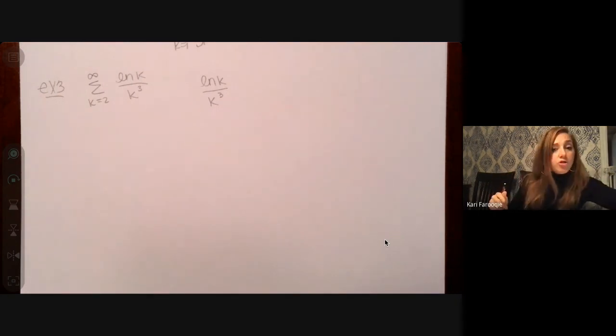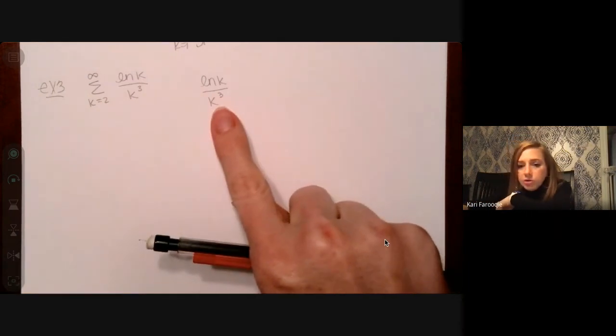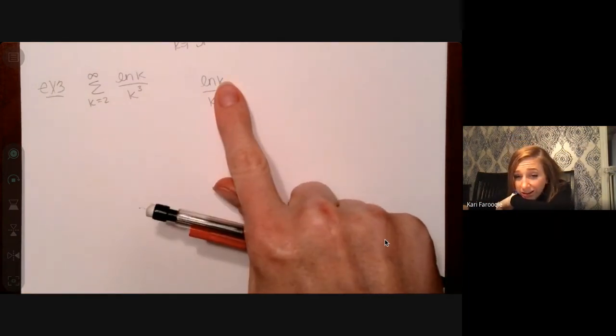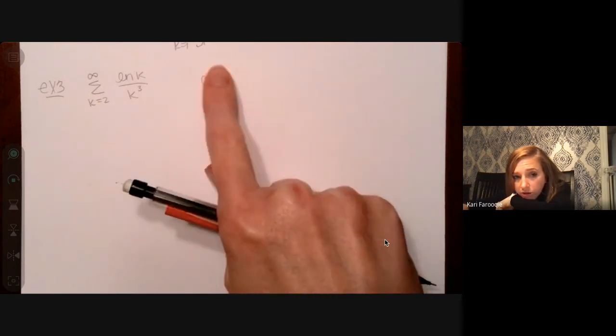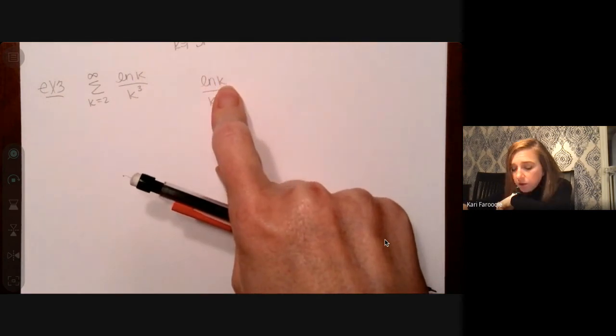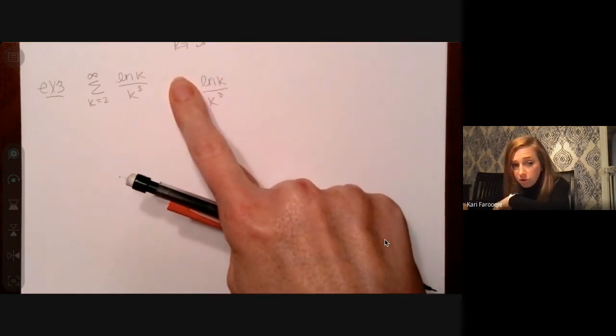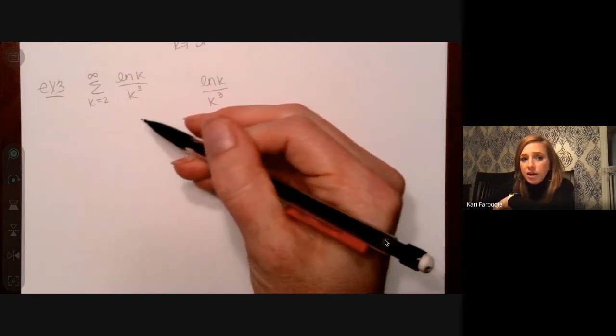And if you're not sure, think about the fact that your denominator is k cubed and the numerator is ln k. I want you to start getting into the habit of thinking of a natural log as being very small or slow moving. Yeah, it starts out pretty rapid, but then it just kind of levels out.